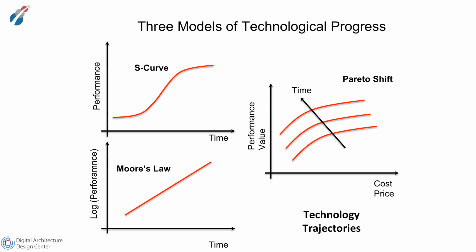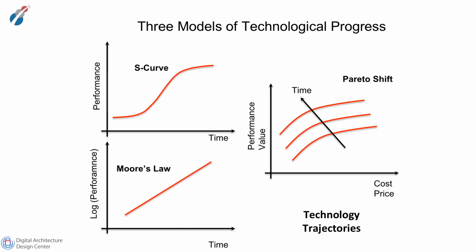Initially, these models may seem at odds with each other, or that you have to pick one of them. But by the end of this lecture, I will hopefully convince you that these models are quite compatible and complementary to each other. They are the S-curve model, Moore's law, and the Pareto shift.